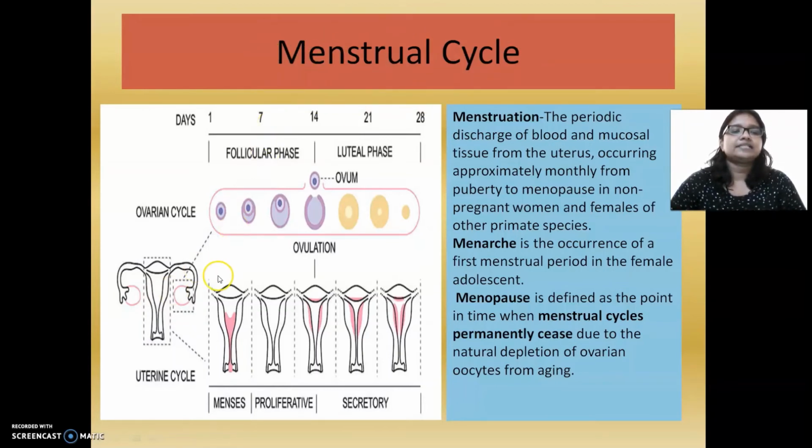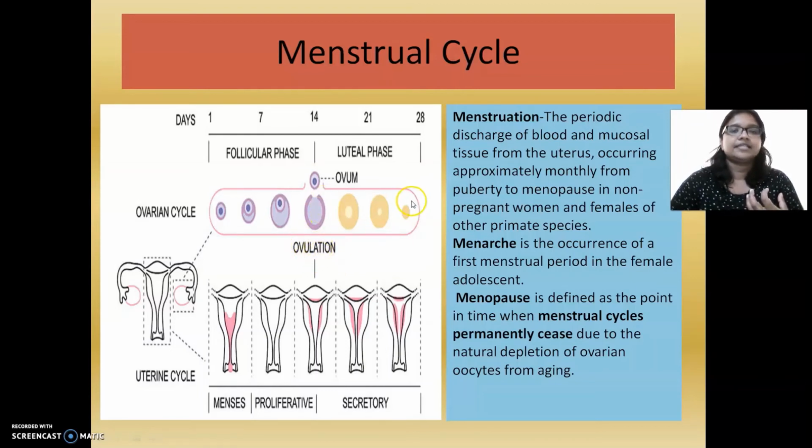In ovaries, the first 14 days, it's a development of the egg, and we call it the follicular phase. And by 14th day, the egg gets matured and the egg gets released. The release of egg or ovum from the ovary is called ovulation.